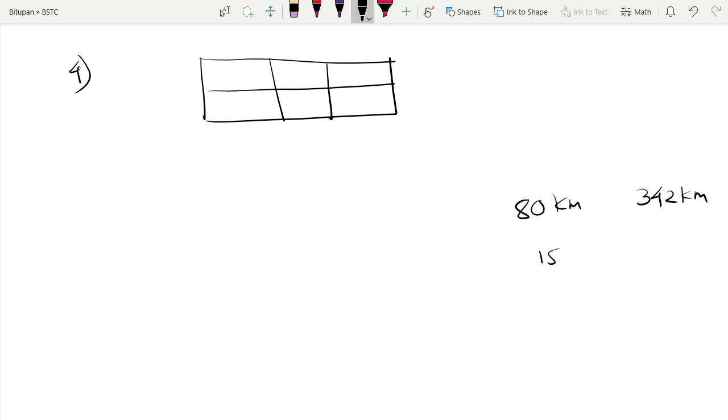Now think yourself: if the distance is 80 kilometers and the price is 15 rupees, to go more distance the price will also increase, correct? So both ways it is increasing, so it is direct proportion. Here I will write distance, here I will write fare. In the first case the distance is 80 kilometers and the price is 15.